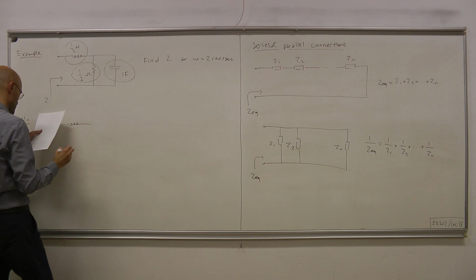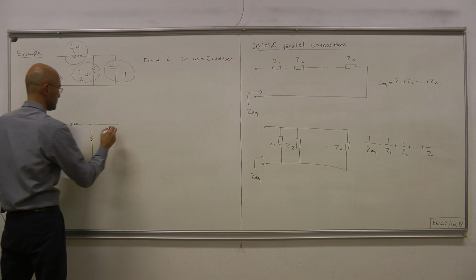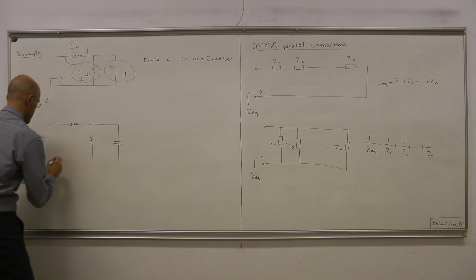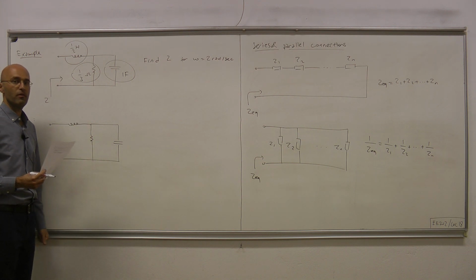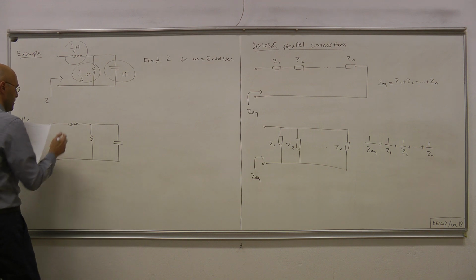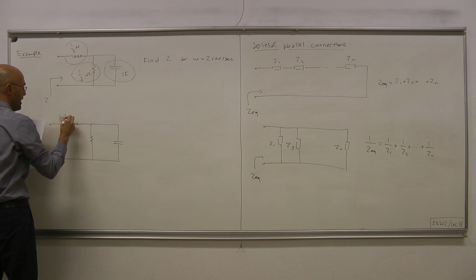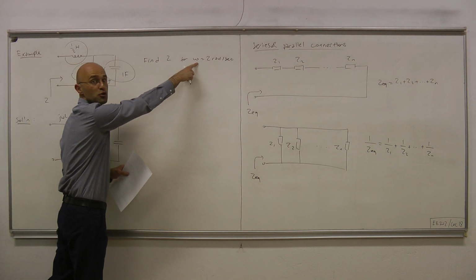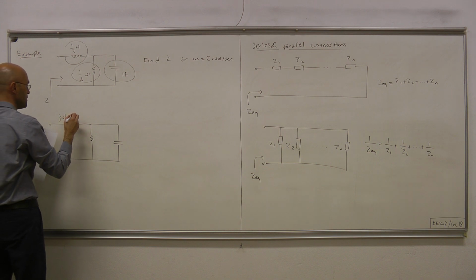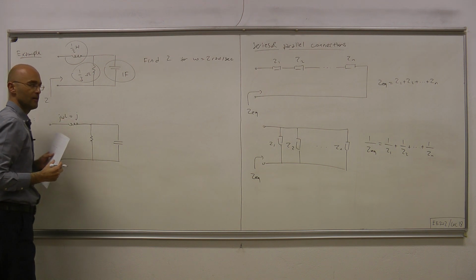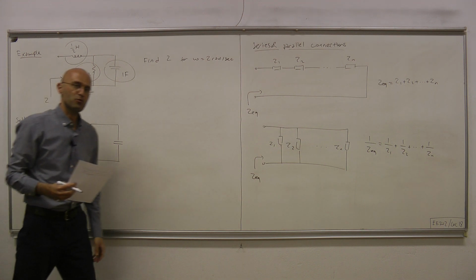So in terms of their impedances, let's redraw the circuit. The impedance of the inductor equals j omega L. Omega is 2, L is 1 over 2, and what we have is j times 2 times 1/2, which is j times 1, or j.